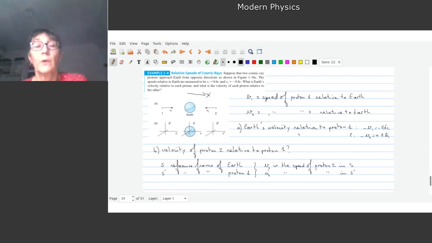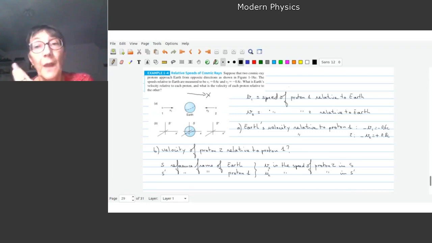When you do exercises and solve problems, I expect you to write down very clearly what the definition is, what velocity you are using. Write that this velocity is the speed or the velocity of something relative to something else. It has to be very clear, and the signs are very important.